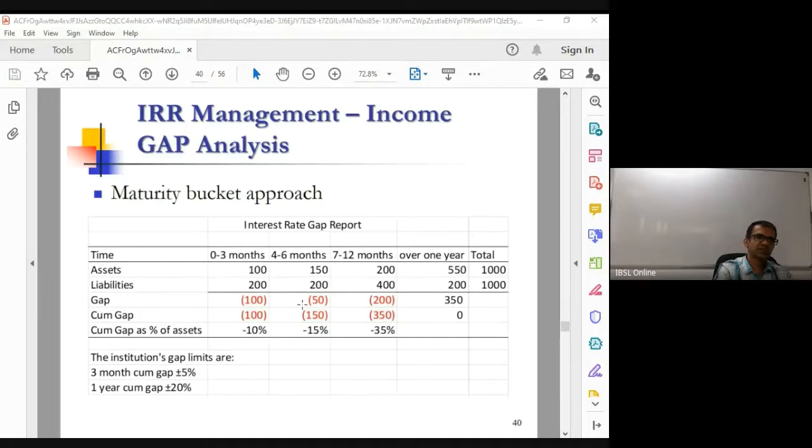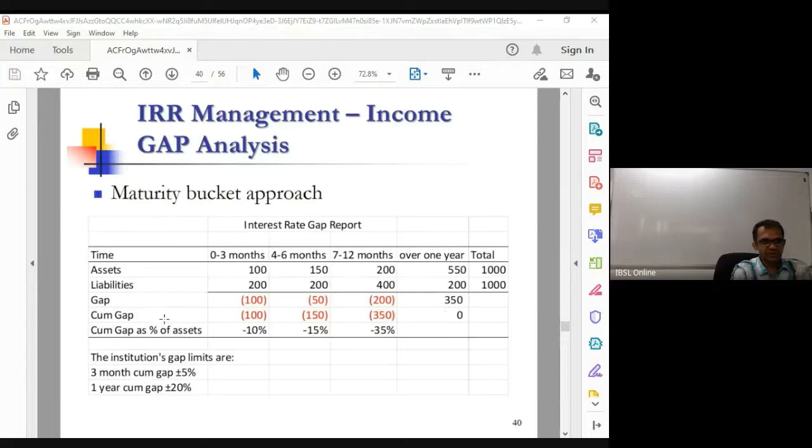In the first 3 buckets, the gaps are negative, but in the last bucket, the gap is positive. That has to be the case, because otherwise there will be a net gap somewhere.